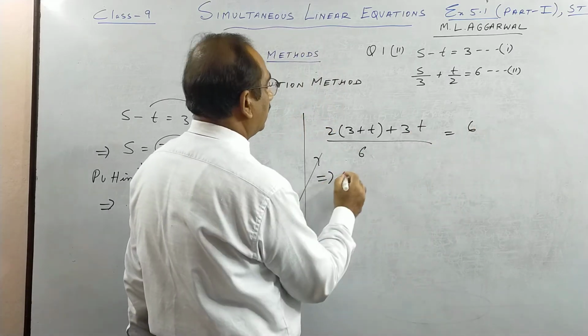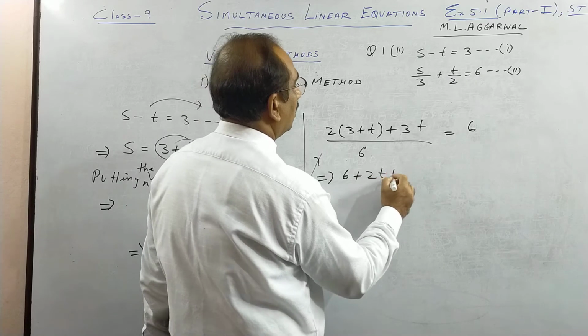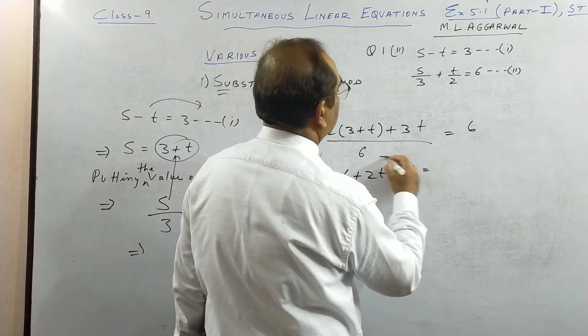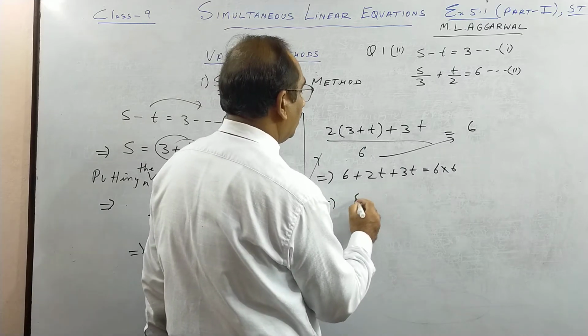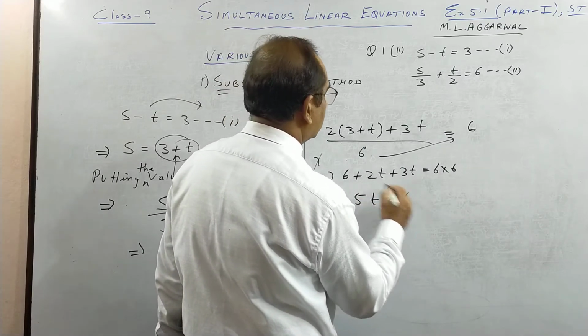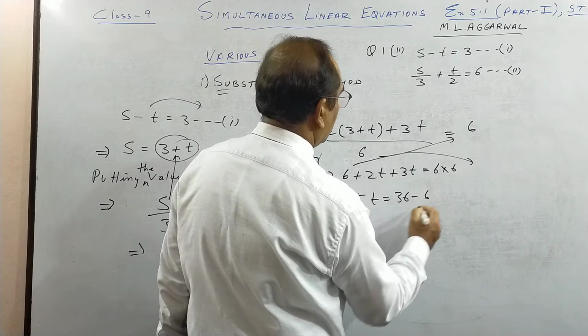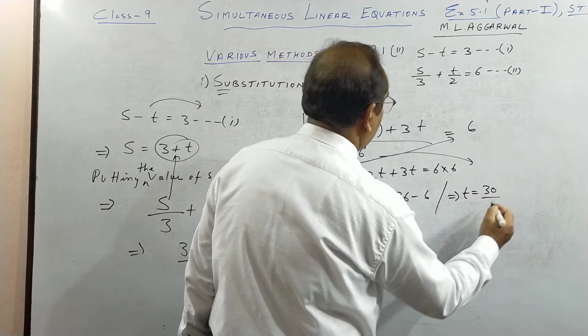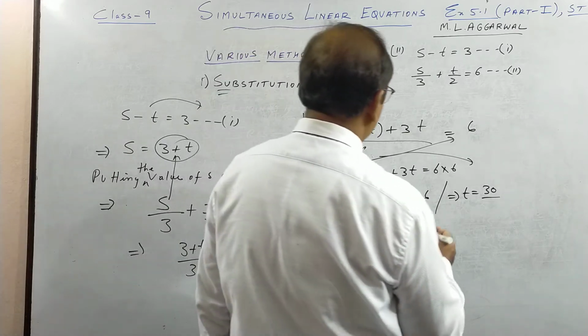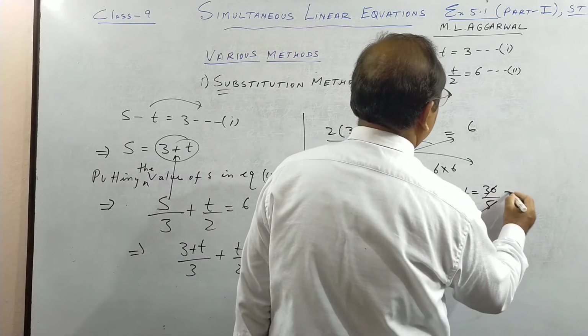So here we get 6 plus 2t plus 3t equals 36. So finally we have 5t is 30. This 6 goes to that side, minus 6. We get t is 30 by 5, which is 6.